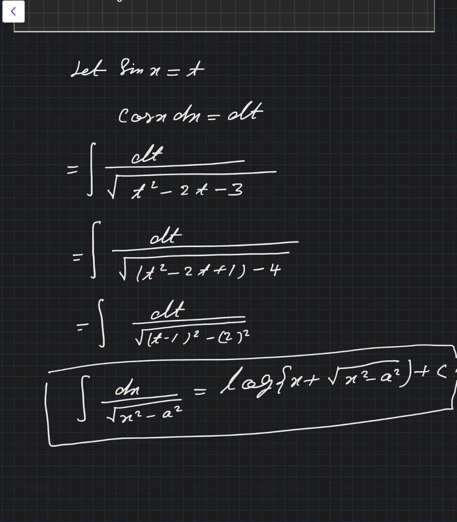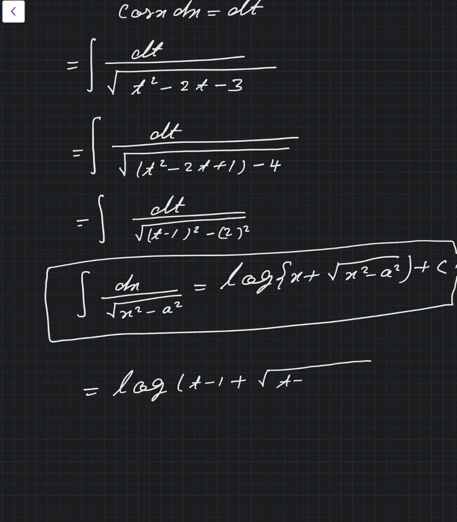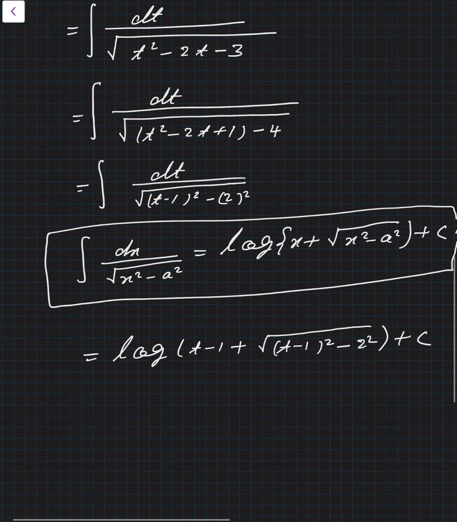Okay, this is the formula. So apply, x is replaced by t minus 1, so log of t minus 1 plus under root t minus 1 to the whole square minus 2 square, plus c. Here t is sin x.